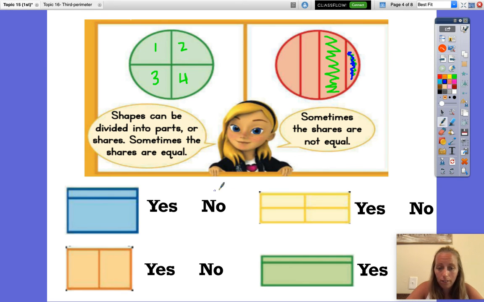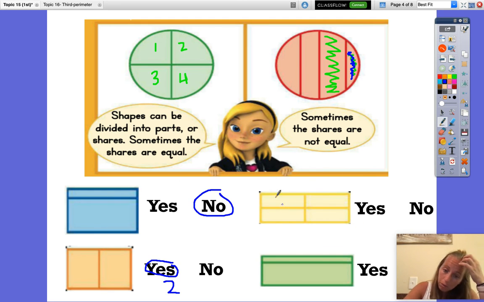So we would have to say, no, they are not the same size. How about this one? I see 1, 2 parts, and they look like they are the same size. So I'm going to say yes. How many equal parts are there? There are 2. There are no equal parts in the other shape because they're not equal.